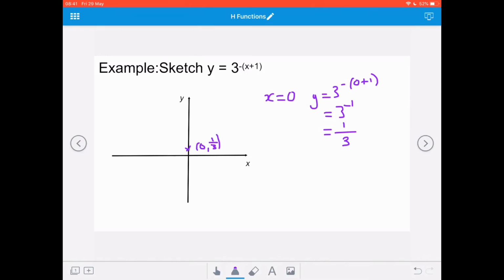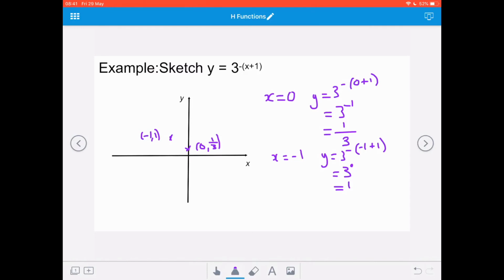If I consider the point x equals negative 1, again, y equals 3 to the negative negative 1 plus 1. That's going to give me 3 to the power of 0, and I know that 3 to the power of 0 equals 1. So this coordinate is going to be at negative 1, 1. So I can plot that in at negative 1, 1.